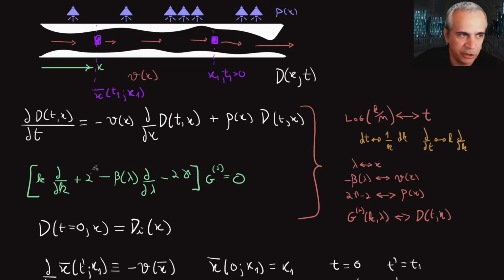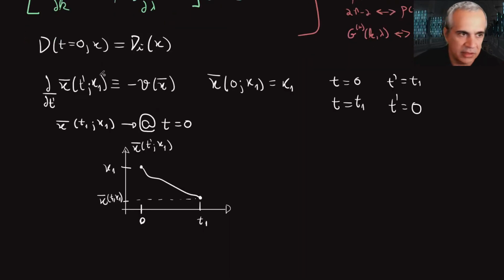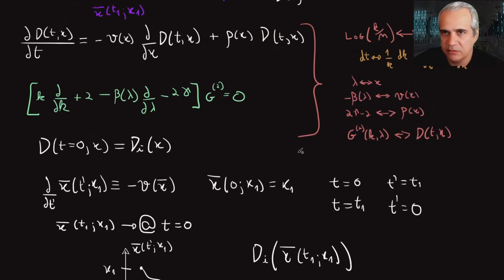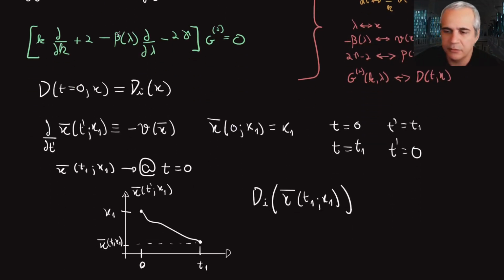So the initial density of this particular element is rho i of x bar of t1 x1. So this is just a number, the position when I knew the whole density at t equals 0, not t prime equals 0.